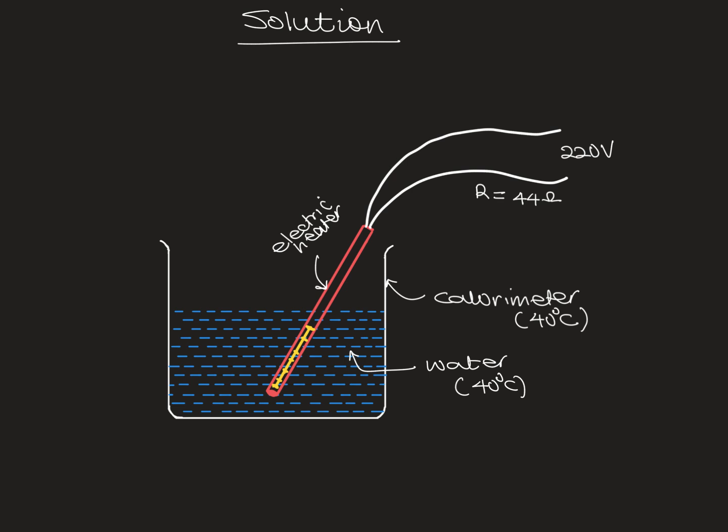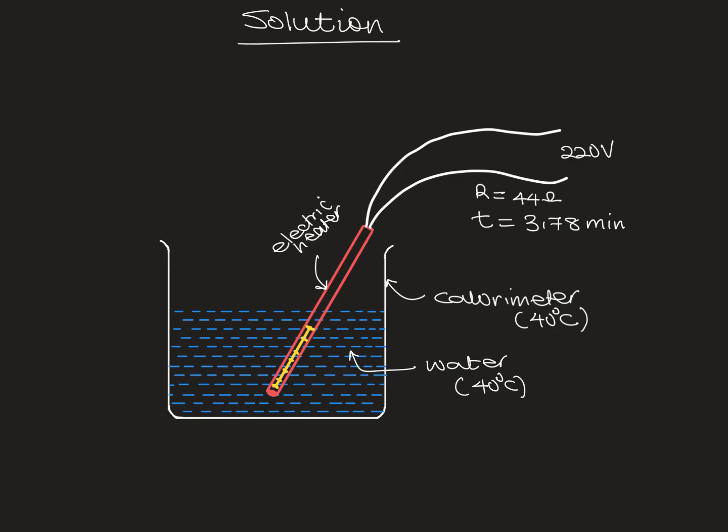That means that the final temperature for both the water and the calorimeter was 100 degrees Celsius. The total time it takes for the heater to raise the temperature of the water from 40 degrees Celsius to 100 degrees Celsius was 3.78 minutes.